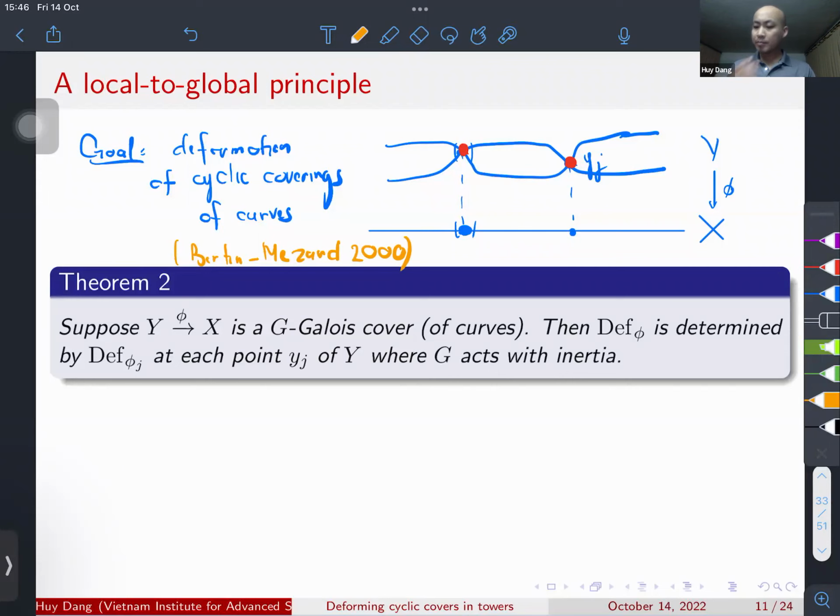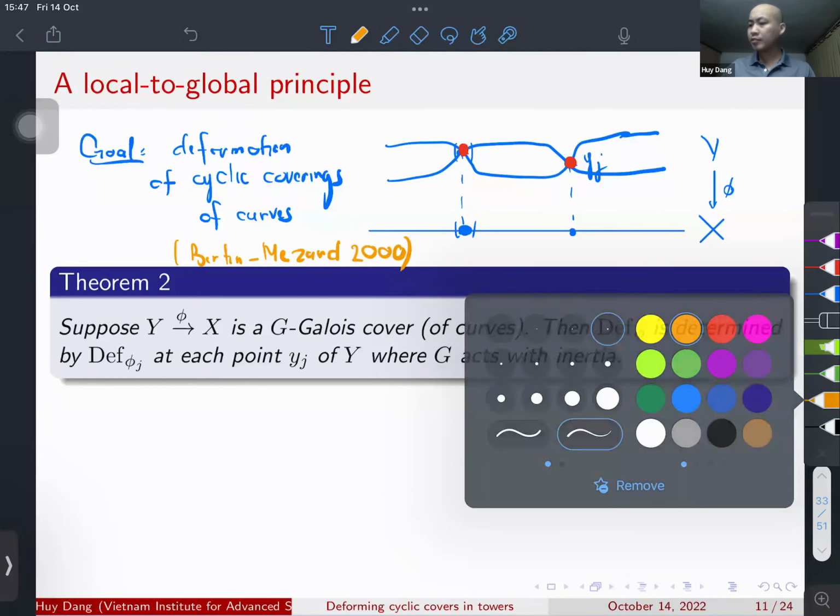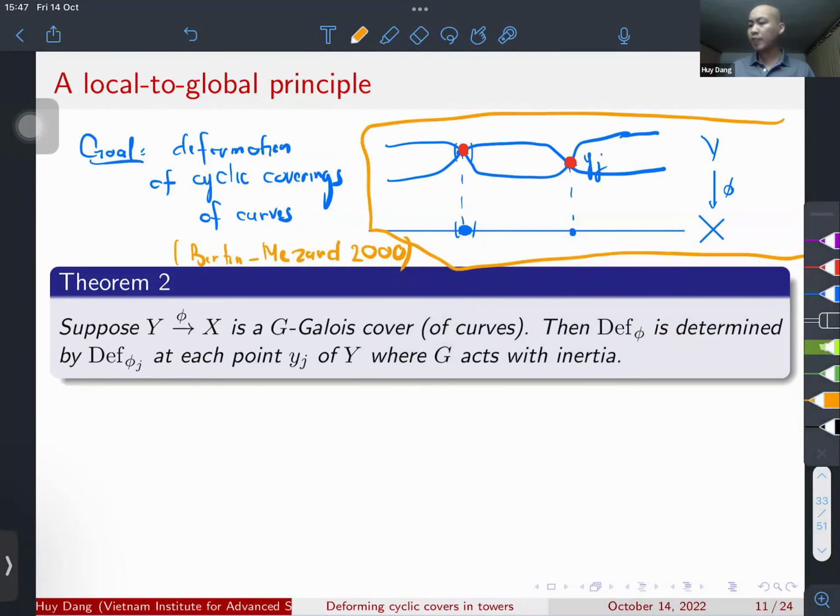It says that if you are given a Galois covering of curves, then the deformation of the covering is determined by the deformation at each ramified point. Right. So if you look at the ramification diagram on the right, you have a cover that ramifies at a few points. Now, in order to understand the deformation of phi, it suffices to understand the deformation around each ramified point.